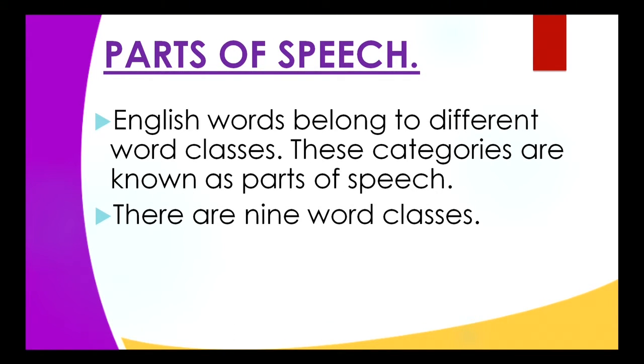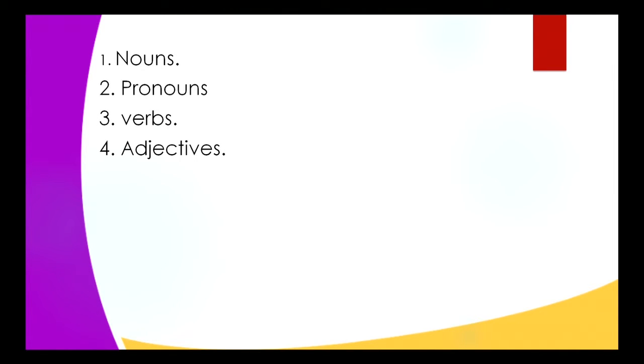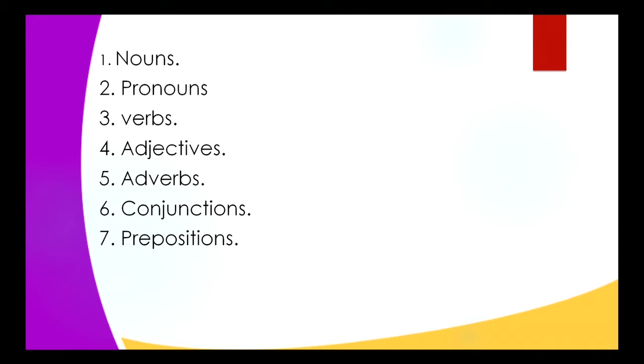There are 9 word classes in English, and these are: nouns, pronouns, verbs, adjectives, adverbs, conjunctions, prepositions, interjections, and articles. We'll look at these one by one.